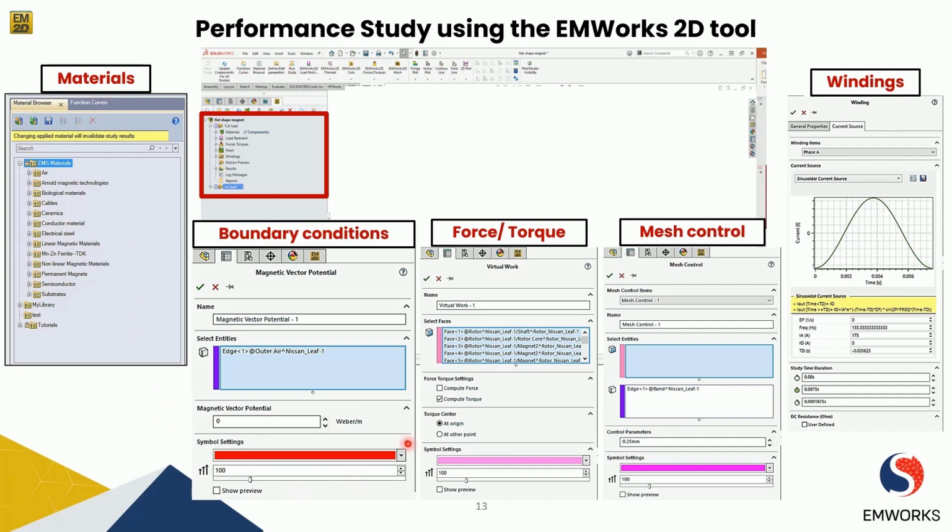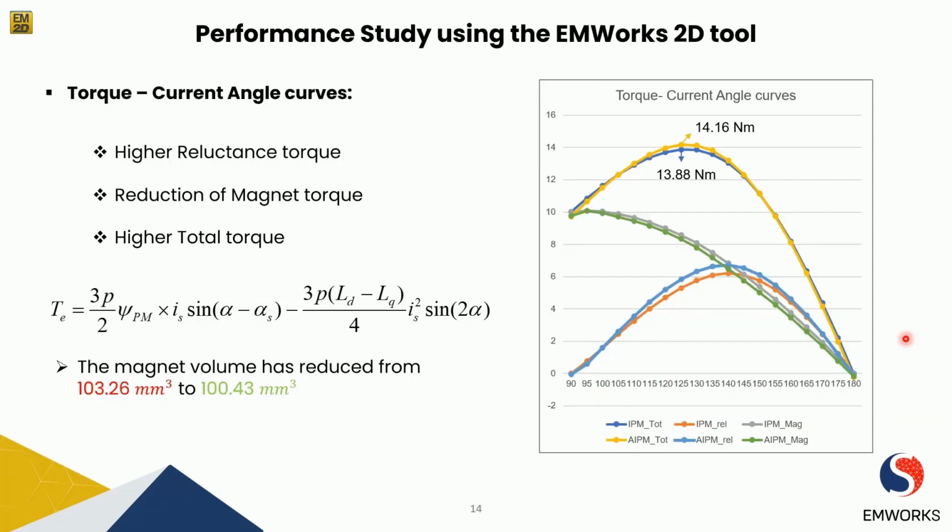Then we also have to define the boundary condition, vector potential, and also when we want to calculate the forces, we have to make sure the properties are okay and the configurations are well set. We also have the mesh control. We also have to make sure that the excitation part is correct. Therefore, we also have to introduce the windings. And after we finalized the performance study requirements, we conducted the performance analysis.